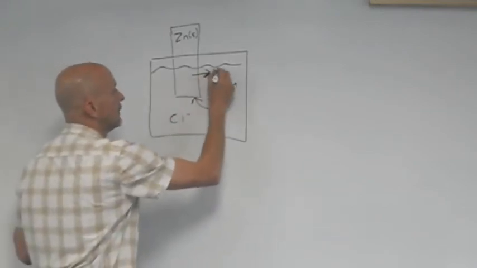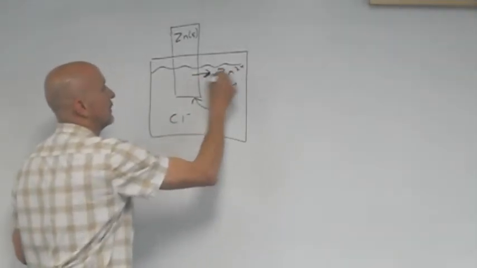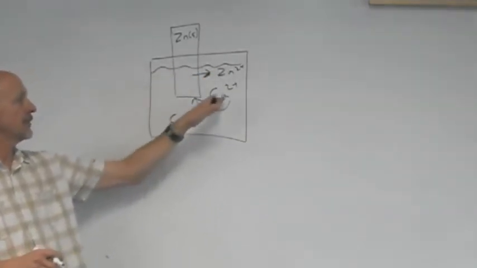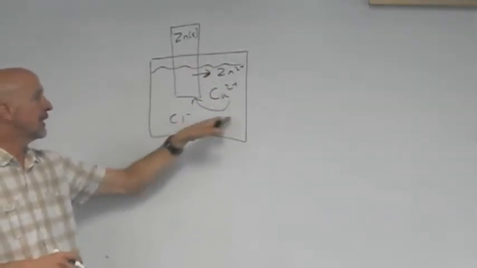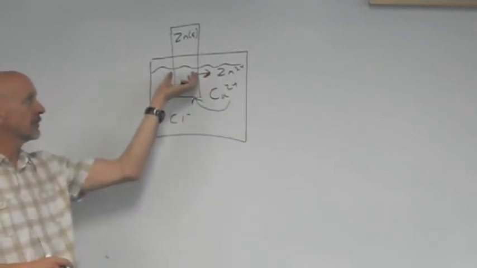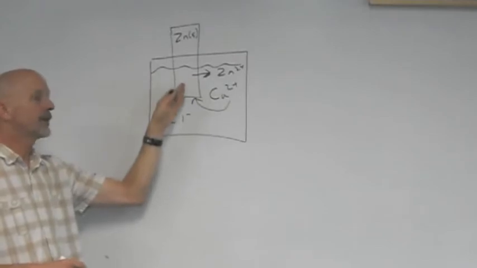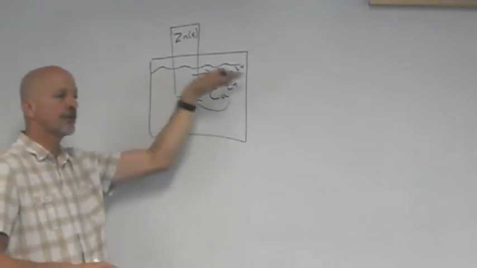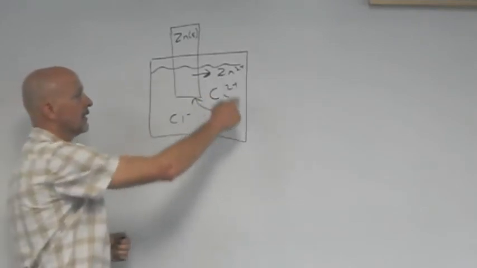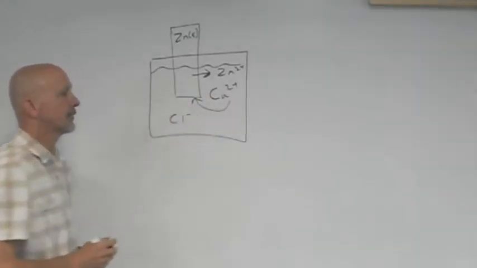Zinc is leaving the metal as it transfers its electrons to copper. It's leaving the metal and going into the solution. So the zinc should start to reduce in mass. This amount of zinc solid should reduce in mass because those zinc atoms are going into solution as ions. I'm going to start to gain copper metal as this comes in.